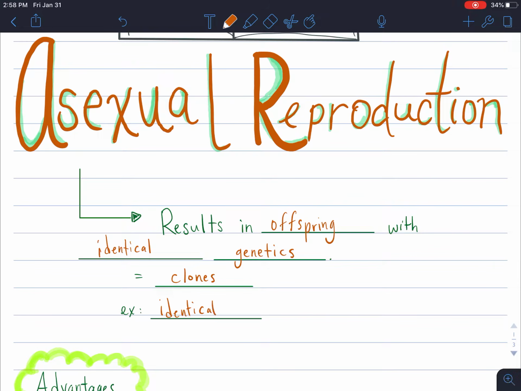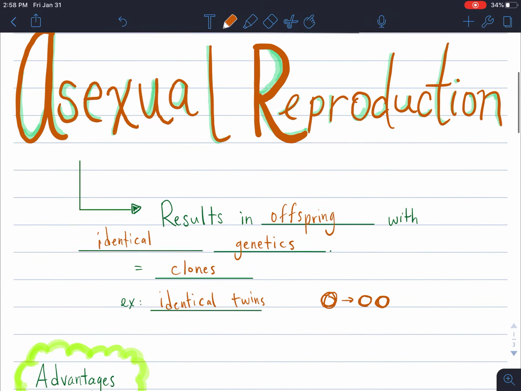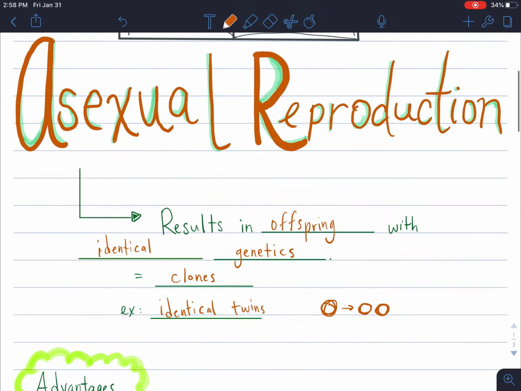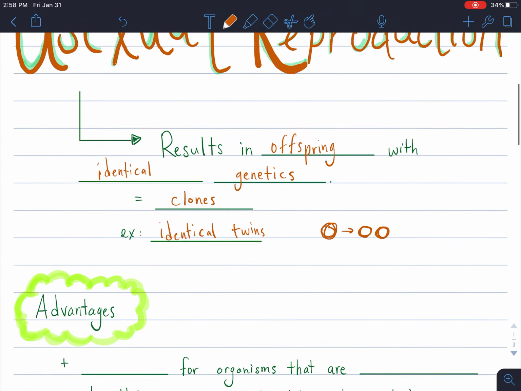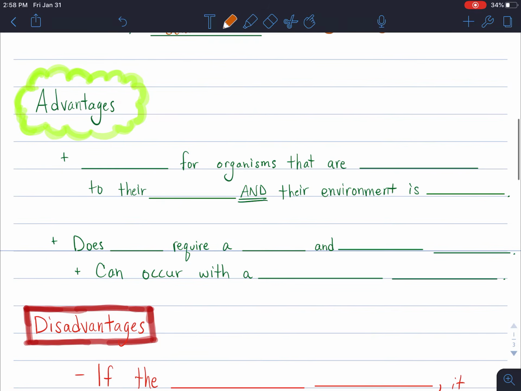And it's not really a form of asexual reproduction, but identical twins is an example where the offspring have the exact same genetics as each other, because that one egg cell is going to then split into two egg cells, and they both have the same DNA because they came from that one original egg cell. And that same idea, at least, is what happens in asexual reproduction. So we'll use that as a starting point. We'll talk more about types of asexual reproduction later on.